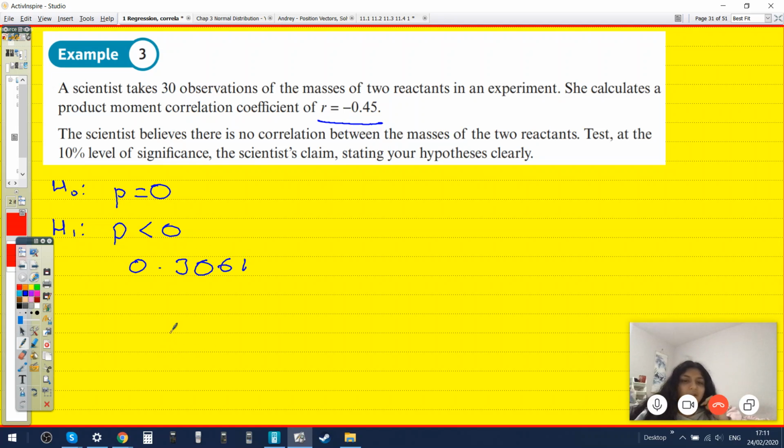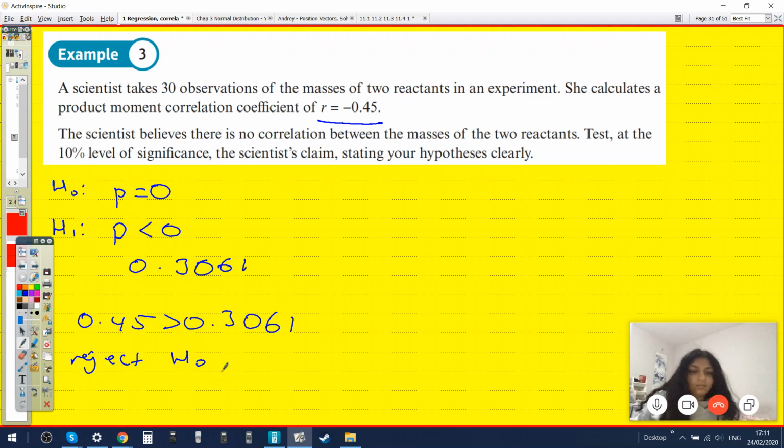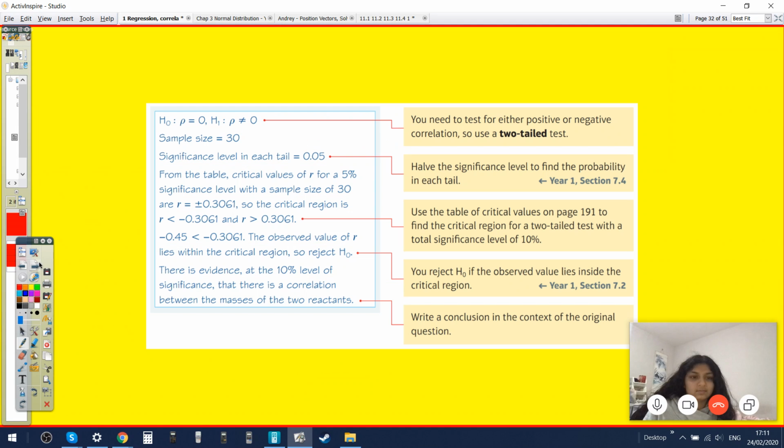Okay. So 0.45 is greater than 0.3061. So you reject the null hypothesis. So there's sufficient evidence to reject the null hypothesis and accept the alternate hypothesis.